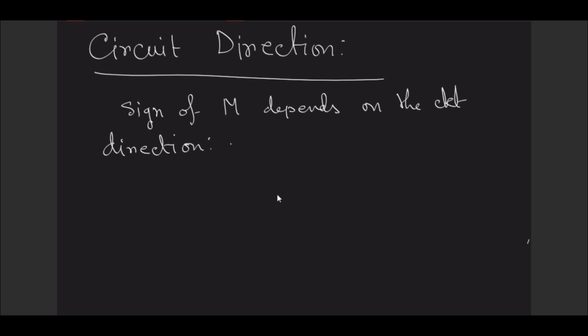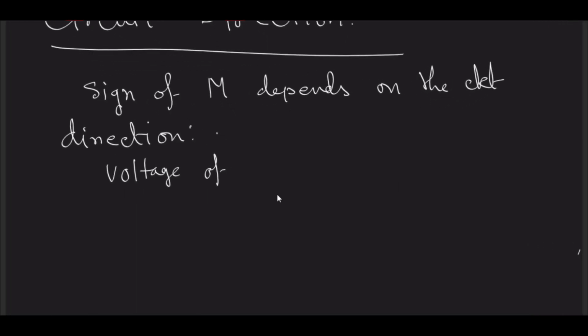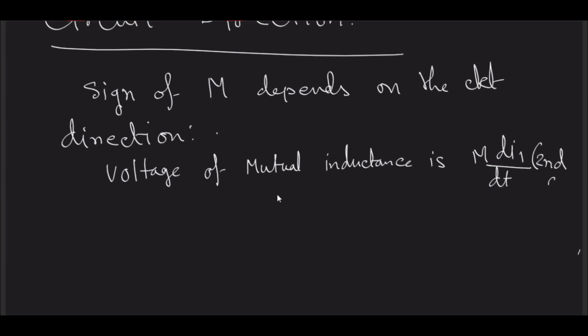Now, one more thing we have to understand, that in a given circuit, what is the voltage of mutual inductance? Voltage of mutual inductance is M di1/dt. This will get its effect in the second circuit, and similarly for the first circuit we will get M di2/dt.